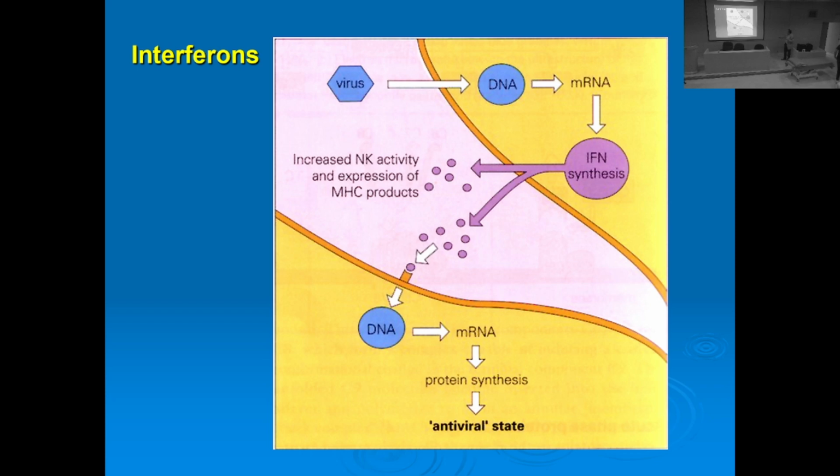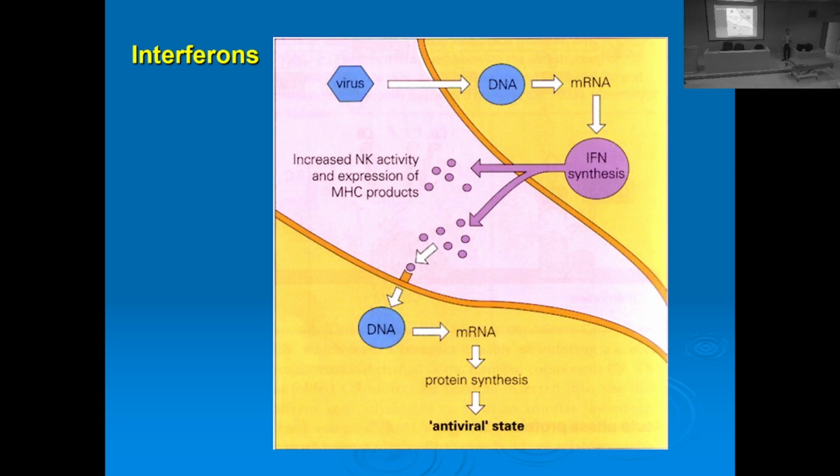So interferon will be produced also with this aim, but also by protecting the surrounding cells, which are around the cell which is infected, and this by enhancing its protein synthesis and leading to an antiviral state, better immunity against this virus that is around. Okay, so it's an indirect effect.